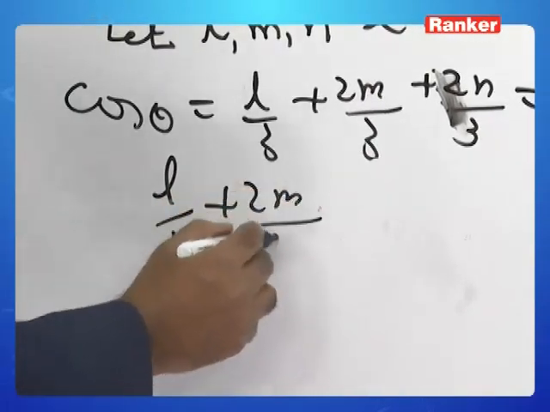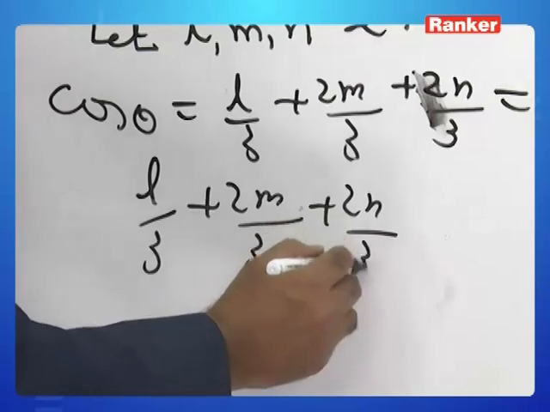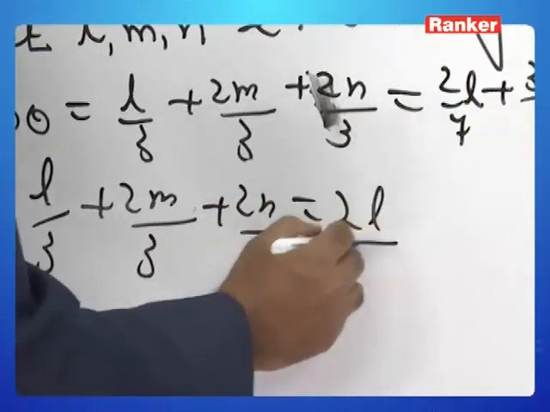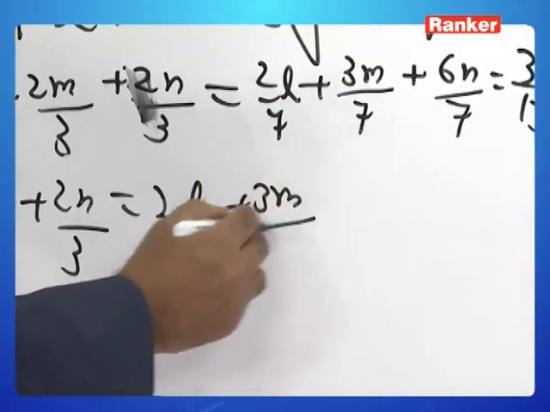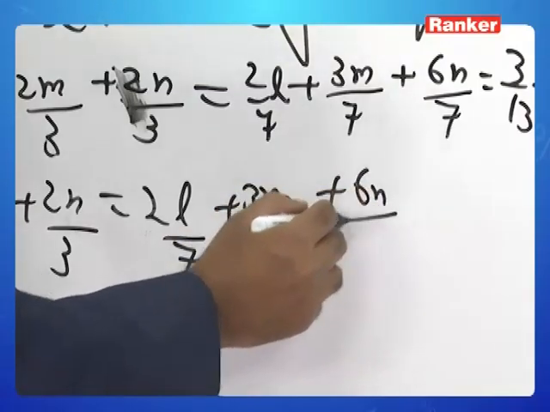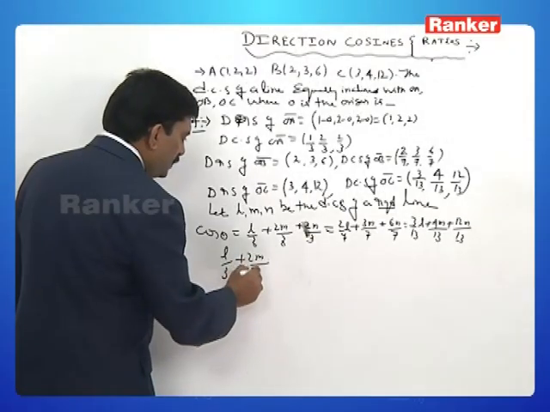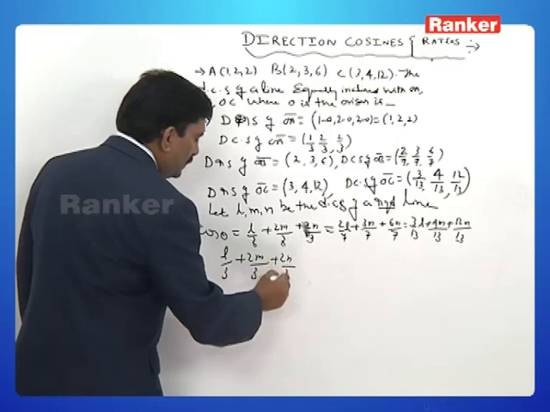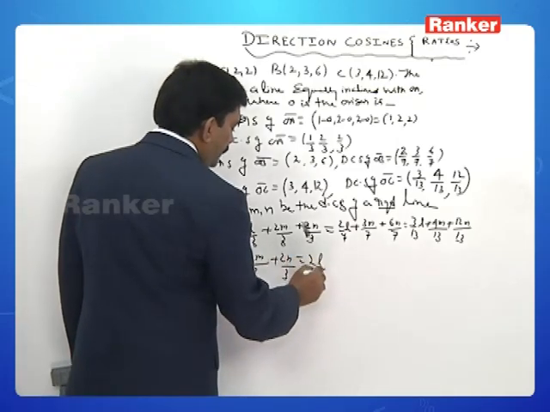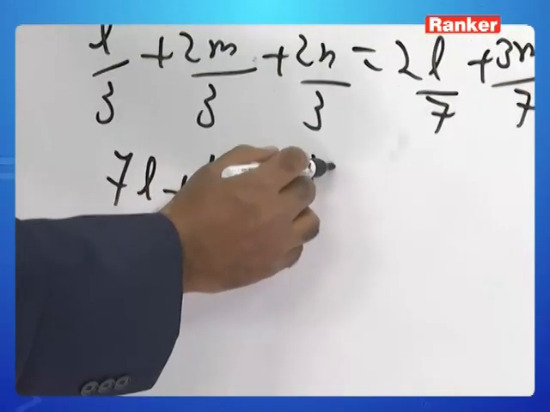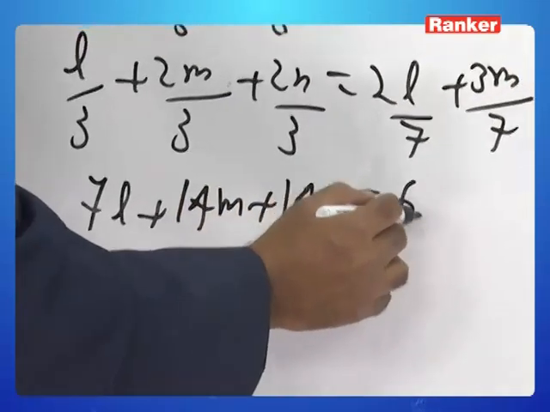Now the angle between the first two lines, the second two lines, and the third and first line is the same. Let us select these two. Therefore l by 3 plus 2m by 3 plus 2n by 3 is equal to 2l by 7 plus 3m by 7 plus 6n by 7, right?